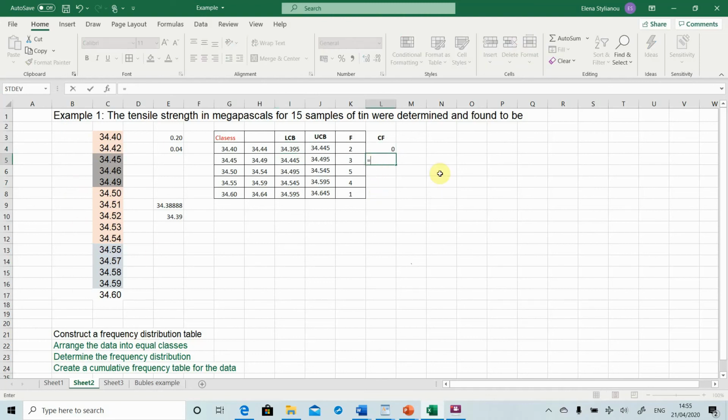So the next values can be calculated. The next cumulative frequency is the previous cumulative frequency plus the frequency for the previous class.